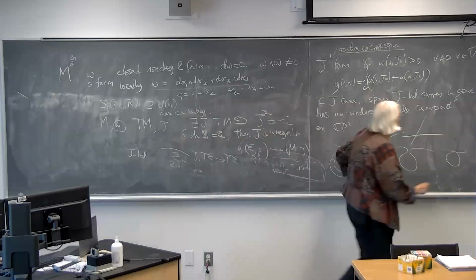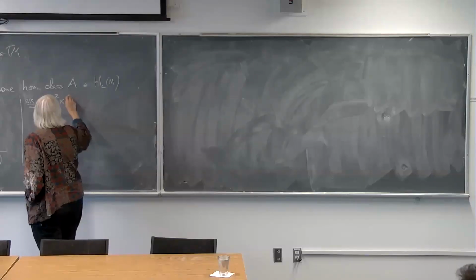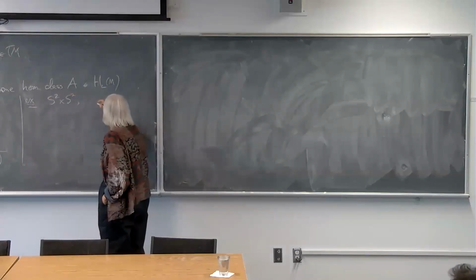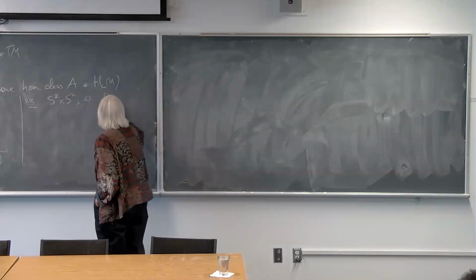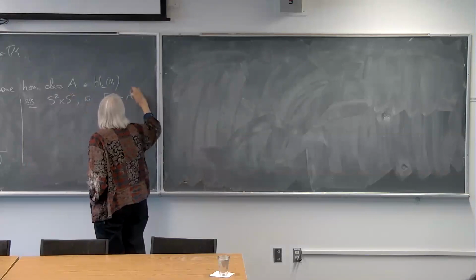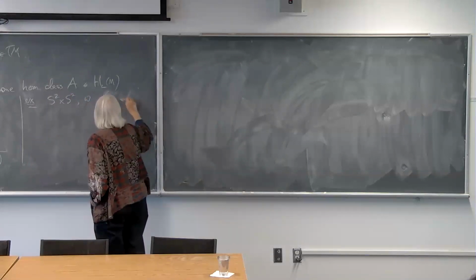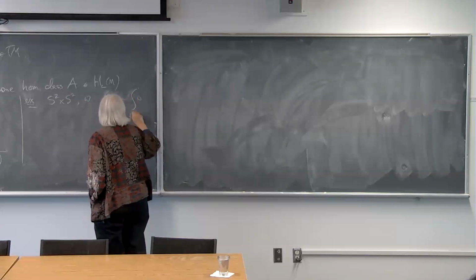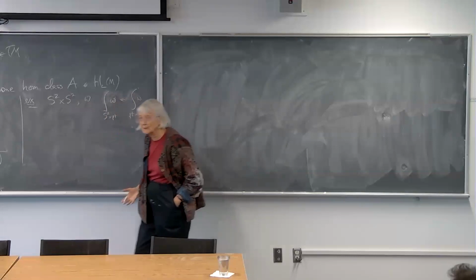And one of the things he proved was, suppose we take S2 times S2, and suppose omega is a closed 2-form, and suppose that the integral of omega on the first sphere is equal to the integral of omega on the second sphere. So you've got 2 spheres of equal size. That's your cohomology class.